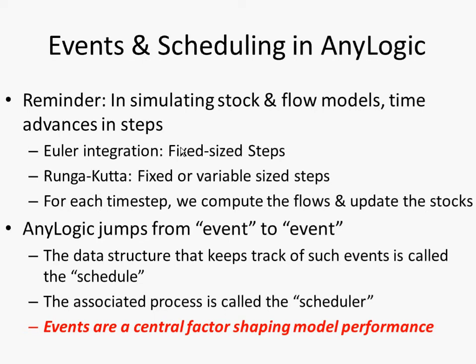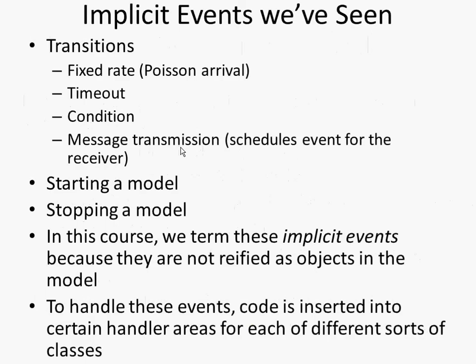For example, if someone receives a message and they get infected, that preempts them, for example, leaving on a transition to go to school, so that going to school will be descheduled. So certain events can preempt other events and essentially rule them out. Someone leaving via a message transition may not go out another transition that had originally been scheduled. So events are a central factor shaping performance in the model.